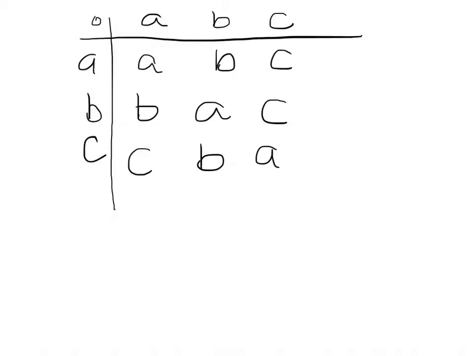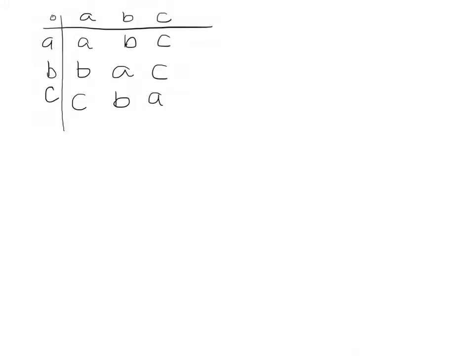So what I have here is an operation, small circle standing for the operation, and a set with three elements A, B, and C. And then you can see the results of this set right in here.